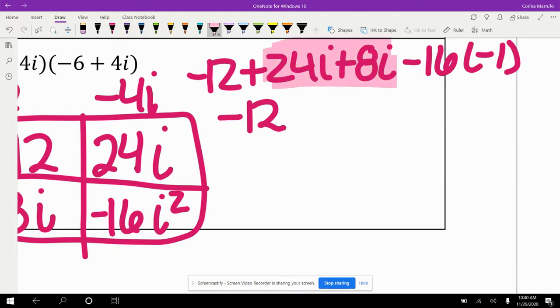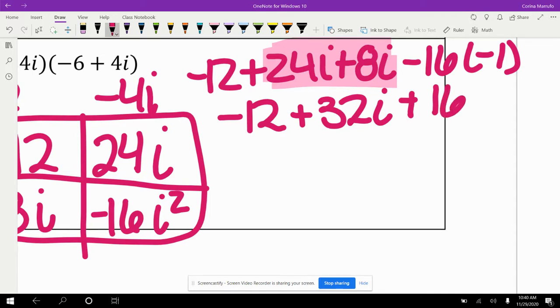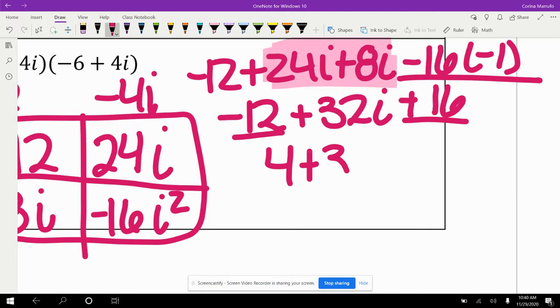We can combine those. Those are like terms. So that is going to give us 32i. Negative 16 times negative 1 gives us a positive 16. We're almost done because now that we multiply these two, that makes negative 12 and positive 16 like terms. So that is going to give us 4 plus 32i. That's it.